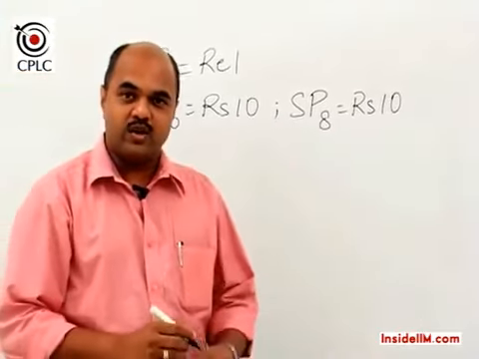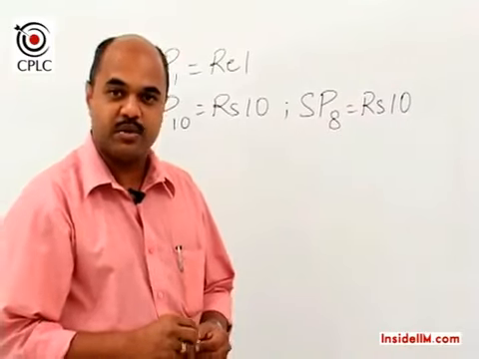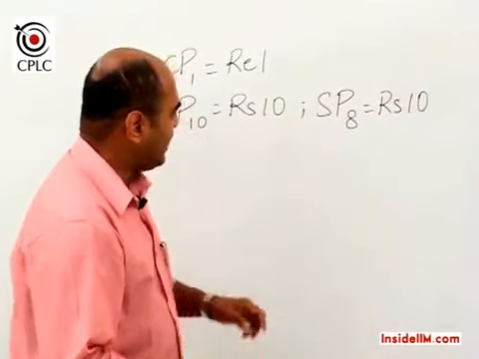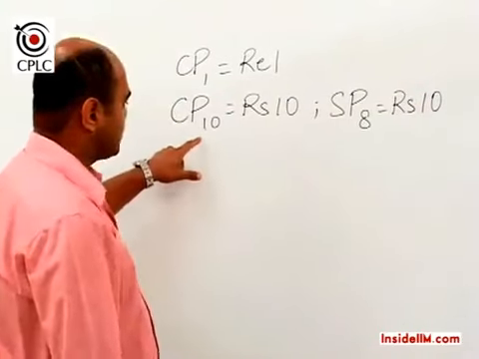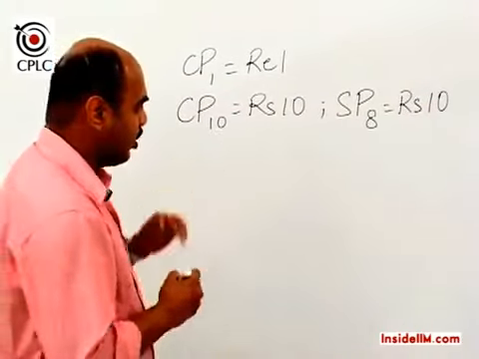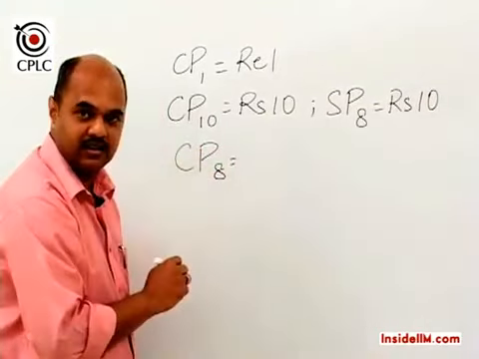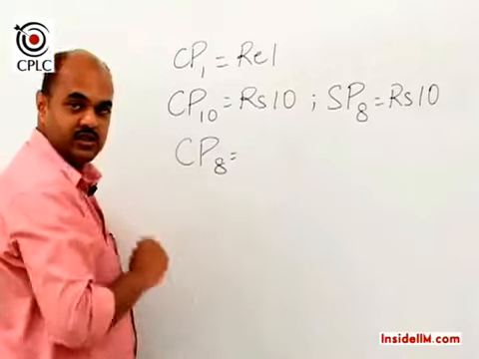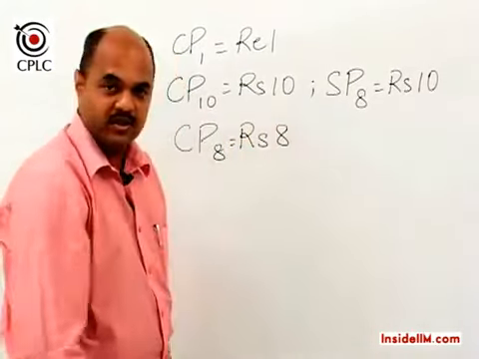Now if I want to calculate the profit percent, formula for profit is selling price minus cost price, but I cannot use selling price of a certain quantity and cost price of some other quantity. So if I want to calculate the profit, I need to find the cost price of 8 articles, and if I follow this logic, then cost price of 8 articles would be 8 rupees.